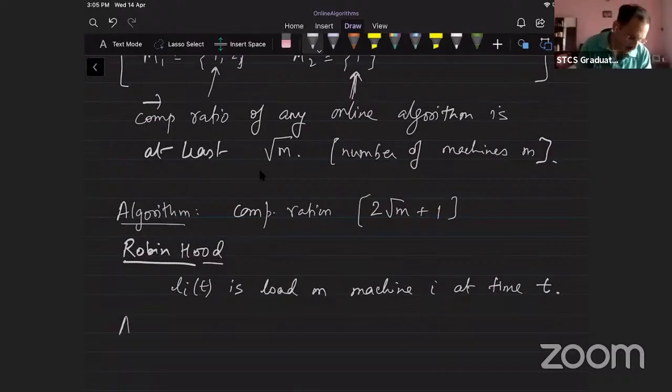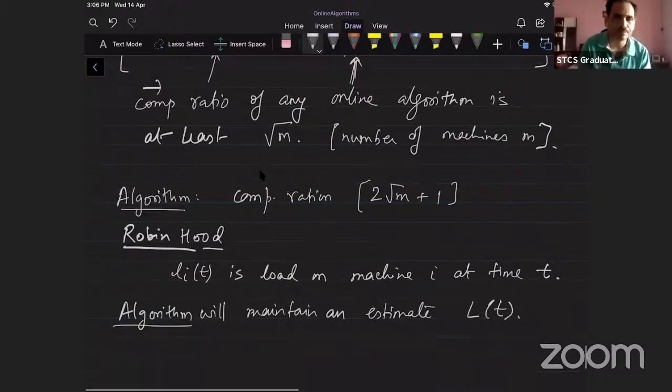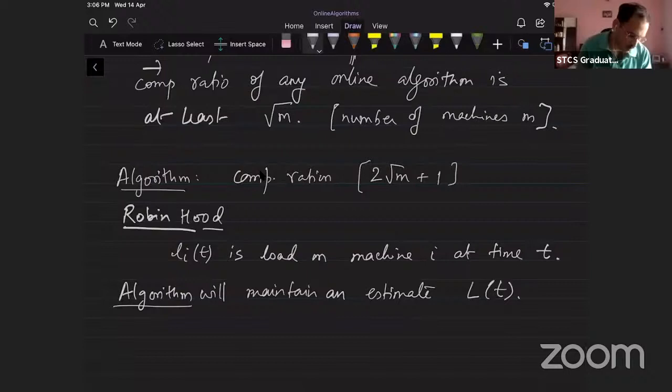So now an algorithm will maintain an estimate called L of t. For the moment, it is just some threshold.